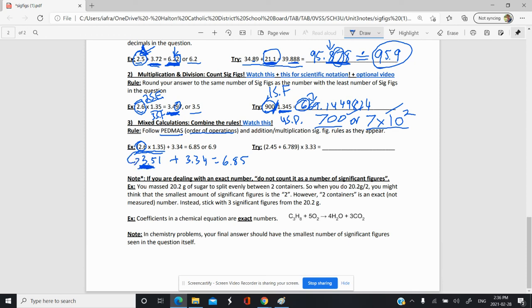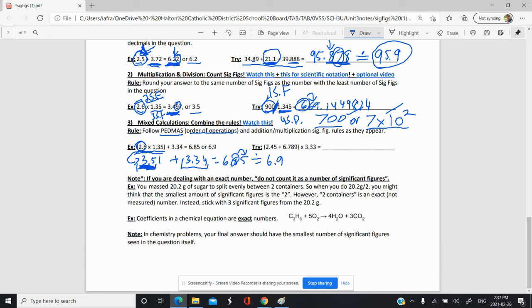I kept the 1 there just because I don't want to round too often too early, otherwise we're thrown off from our answer. But I remembered that the rule for multiplication is the fewest number of significant figures. So that means it gives me 3.5, which is really just 1 decimal place. And so when I do this addition here, I need 1 decimal place as well. And so I look next door here, and I'm going to round it to 6.9.